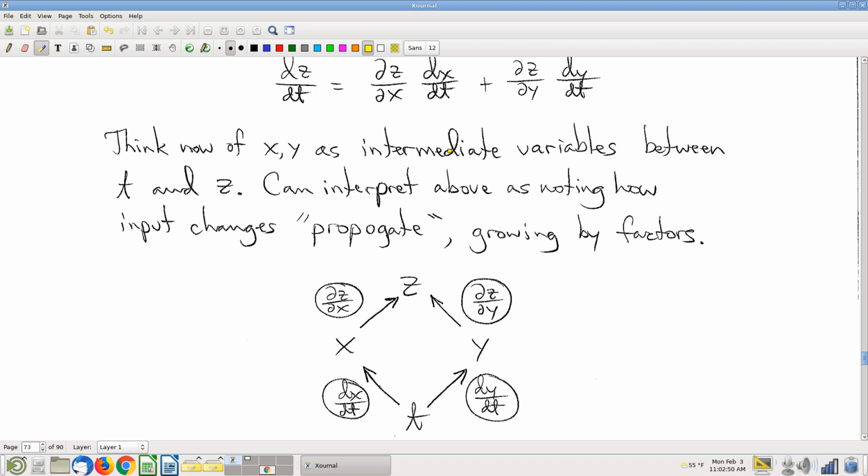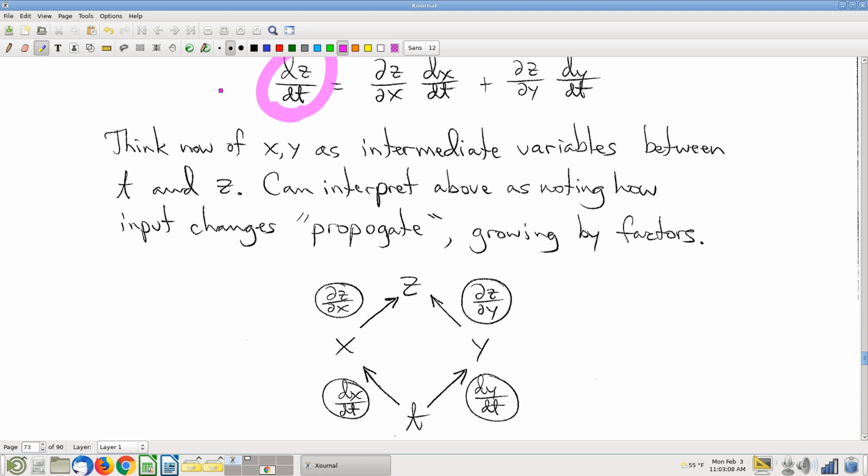Here we go. What we are interested in doing is asking, well, if I were to change t by a little bit, how much does z change? And I'm going to put in an input change to t, and I want to know the output change to z.